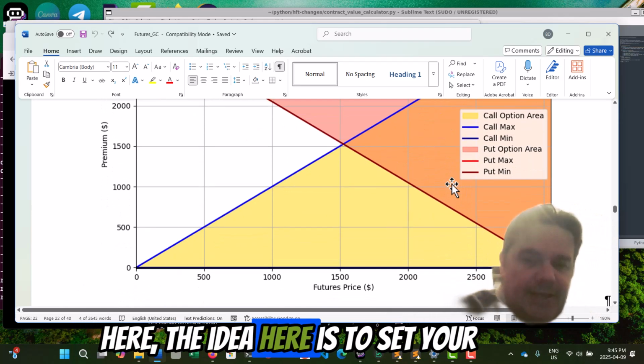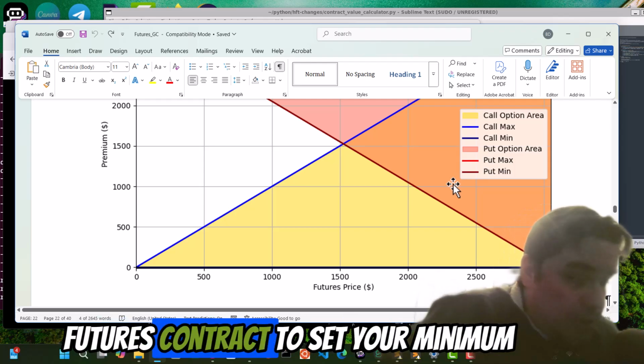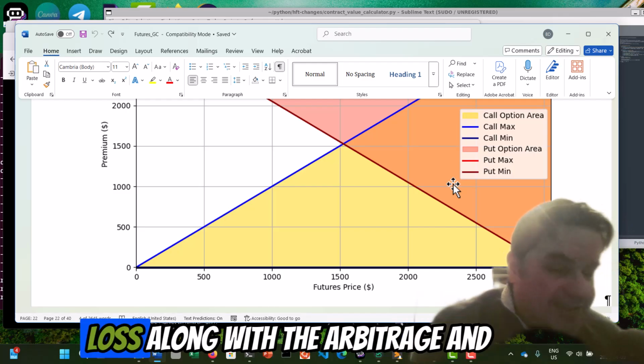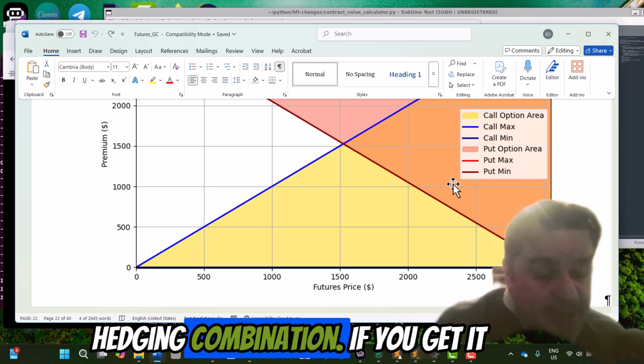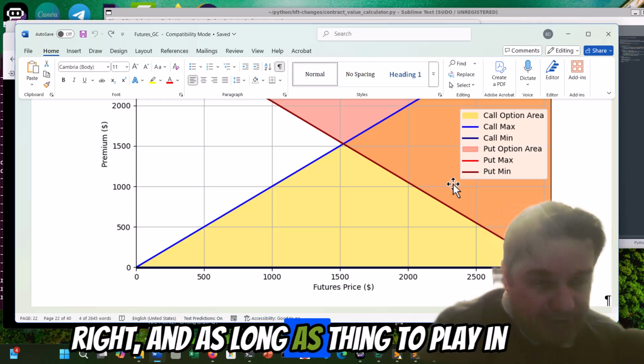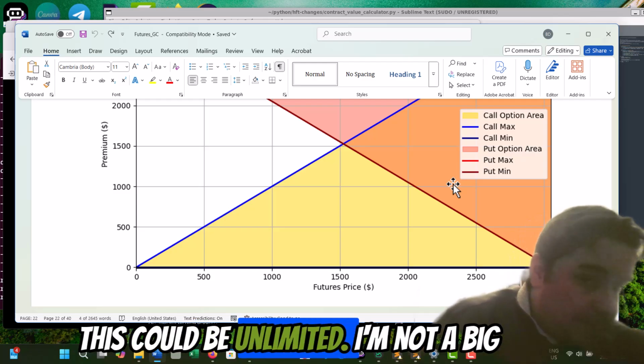The idea here is to set your minimum, if you do, let's say, a futures contract, to set your minimum loss along with the arbitrage and hedging combination. If you get it right, and as long as things play in your favor and move in your direction, this can be unlimited.